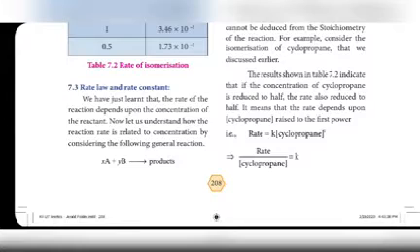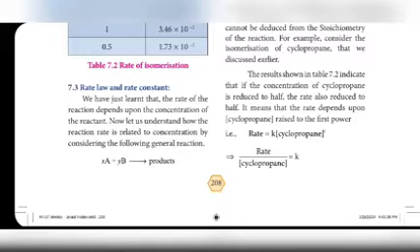Here power 1 means that is the order, so it is a first order reaction. It depends only on the cyclopropane concentration. If the concentration of cyclopropane decreases, the rate also decreases. So the rate of the reaction is purely dependent only on cyclopropane.